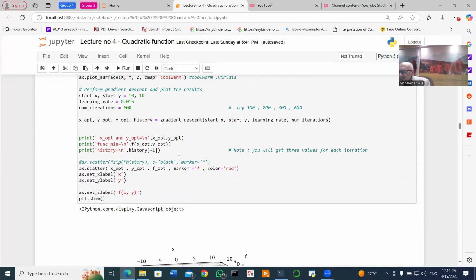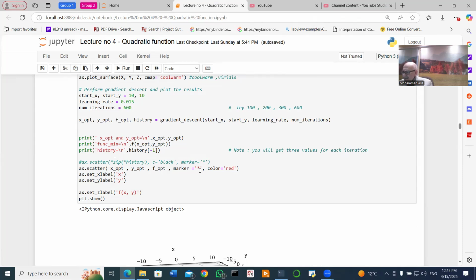Now, what is also interesting for us? We need to plot the point where x optimum and y optimum and the function of x optimum and y optimum on the surface. This needs a scatter plot. So ax dot scatter, we pass to the scatter plot x optimum and y optimum and f optimum.